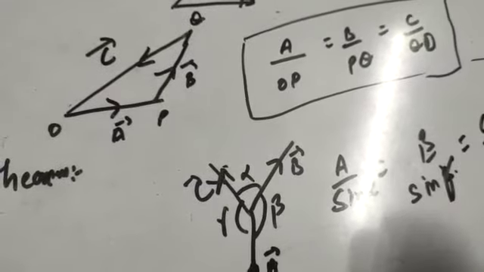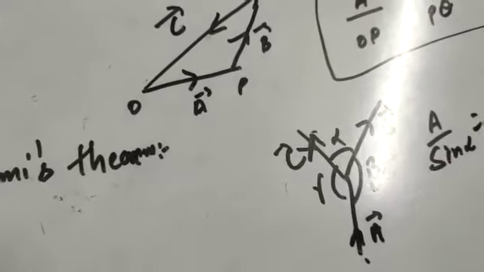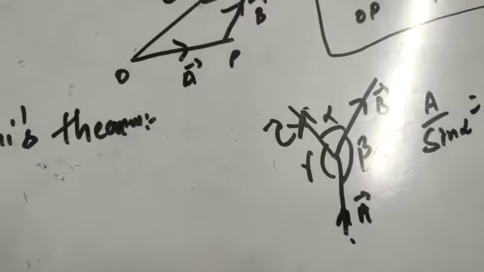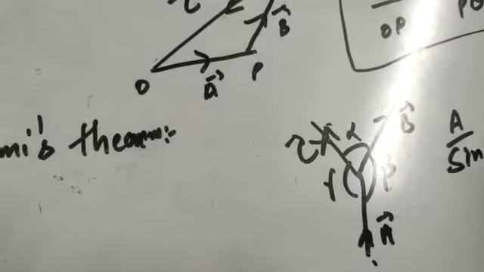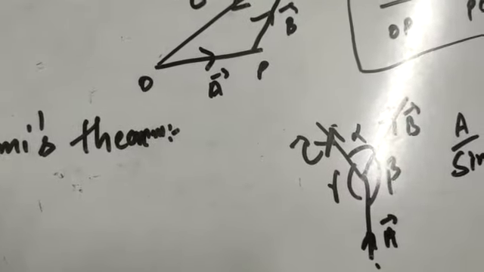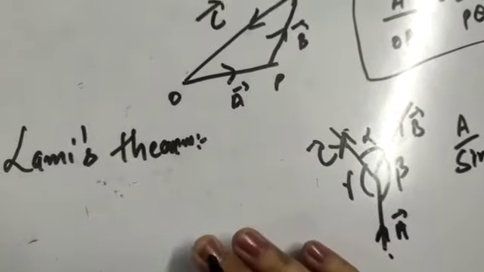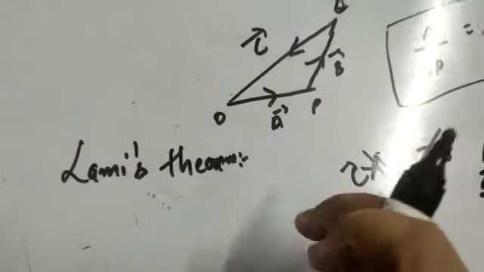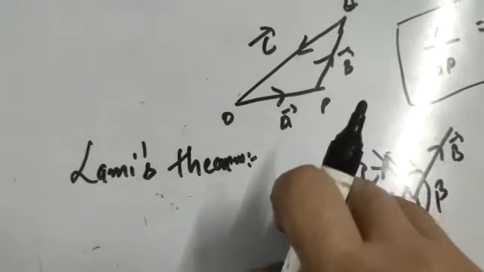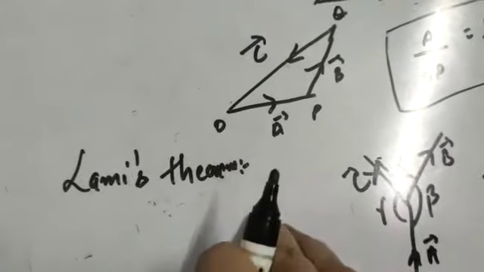Now if I talk about examples of equilibrium, an object is either in linear motion, in rotational motion, or in the state of rest. If the object is in linear motion, it is said to be in equilibrium if the net force acting on the body is zero.